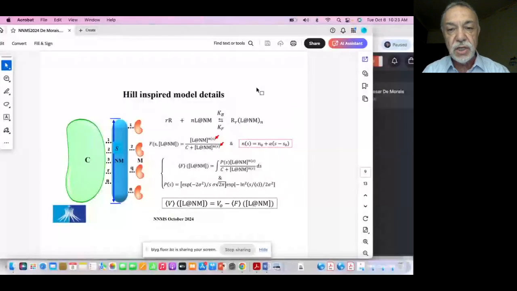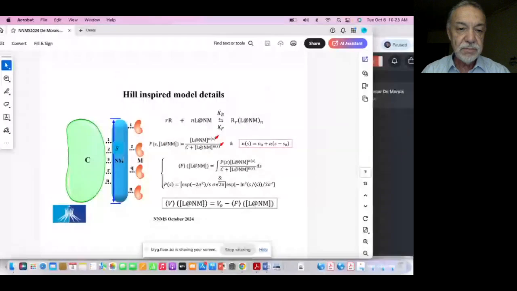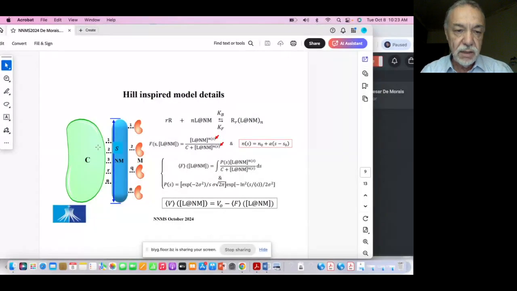How to do this? Here's a scheme that I want to show, and convince you that this is a fair proposal. Here is, let's say, a typical picture of a nanomaterial. On the left-hand side, in green, I represent the cell and the cell membrane around it.